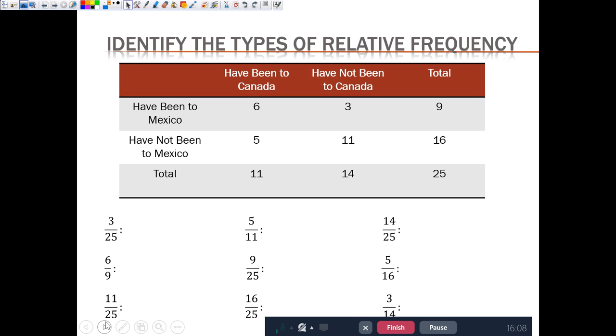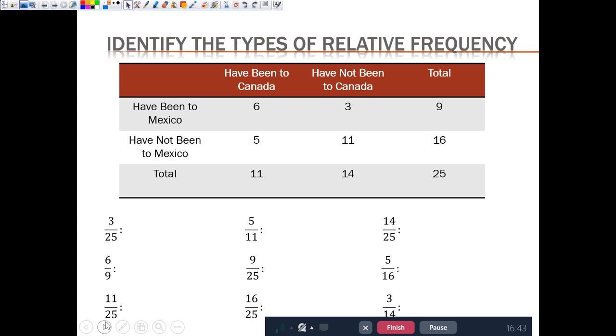So, we're going to identify the type of relative frequency, okay? Okay, so if it's by the grand total, okay, it's going to either be joint or marginal, okay? If it's not being compared to the grand total, it's automatically conditional, okay? So conditional is the only one that doesn't use the grand total. So we can go in and identify all the ones that don't have 25 at the bottom first, okay?